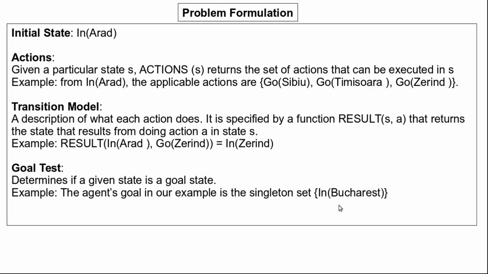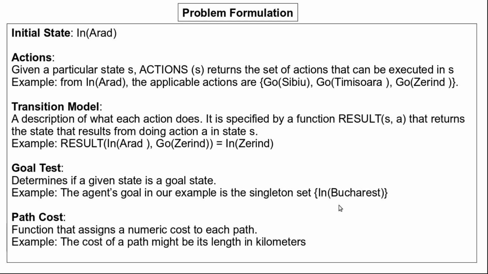The next component in problem formulation is the path cost. From our initial state in Arad to our goal in Bucharest, we can find different paths to go from Arad to Bucharest, and we can associate a cost with each of the different paths.